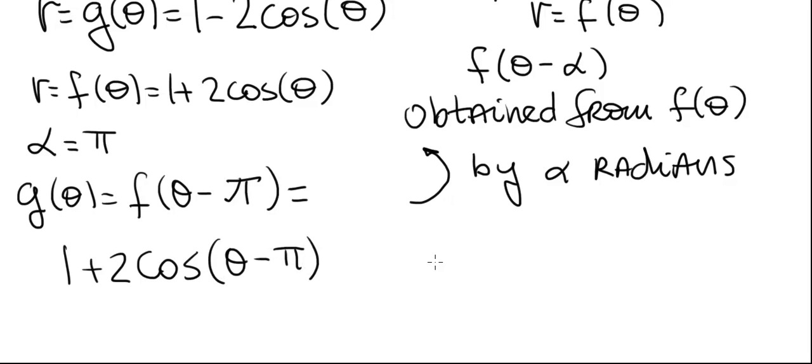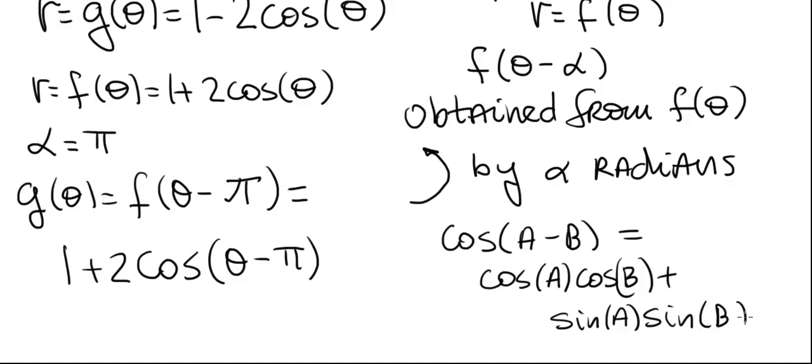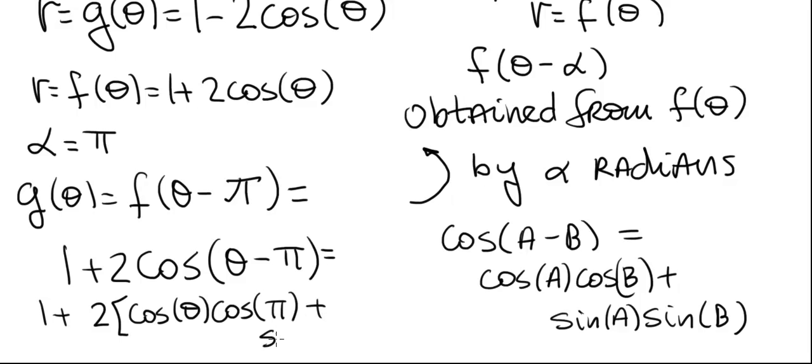And now let's use the trig identity. Cosine of a minus b is cosine of a times cosine of b, plus sine of a times sine of b. And so this is equal to 1 plus 2 times cosine of theta times cosine of pi, plus sine of theta times sine of pi.